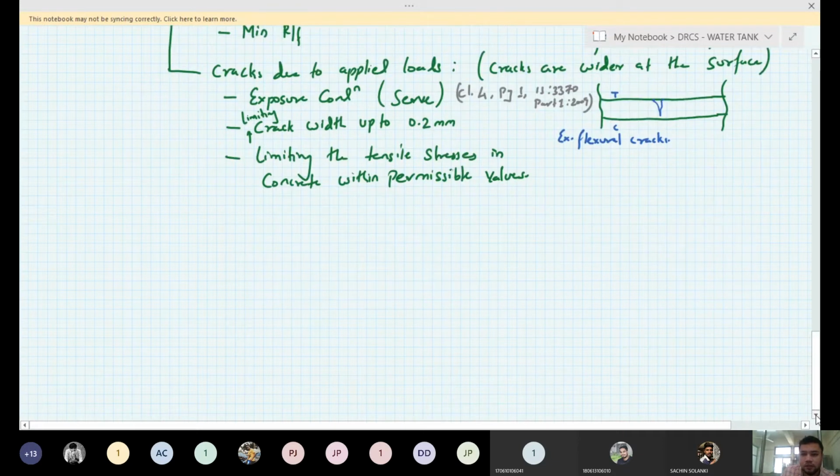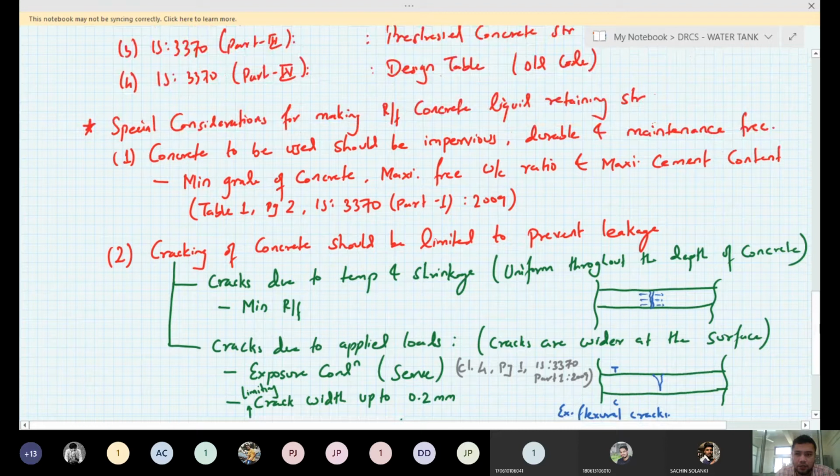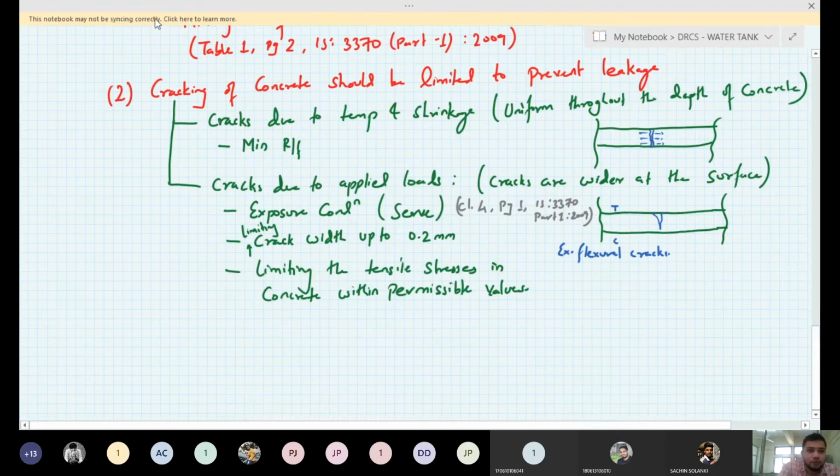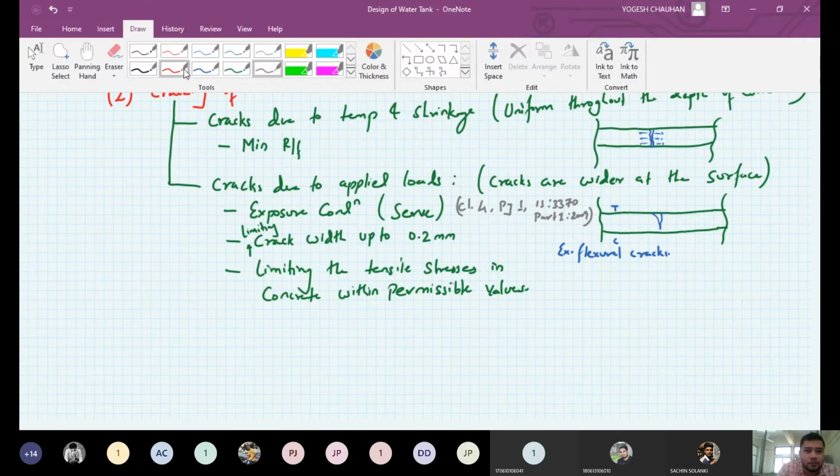Then let us see now various types of the joints.